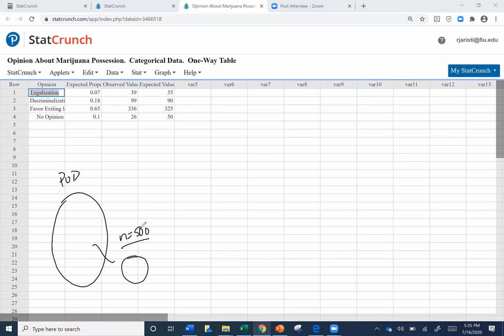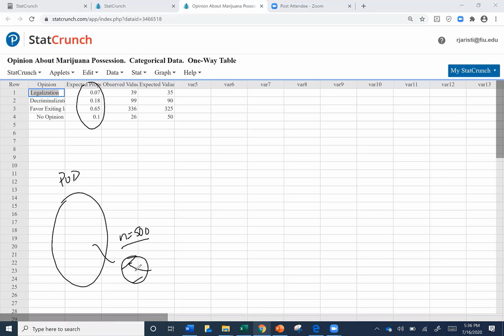Then if this series doesn't affect this proportion, when I select 500 people, I am expecting that 7% of them support legalization, 18% support decriminalization. The majority will support existing law, and a little 10% have no opinion.